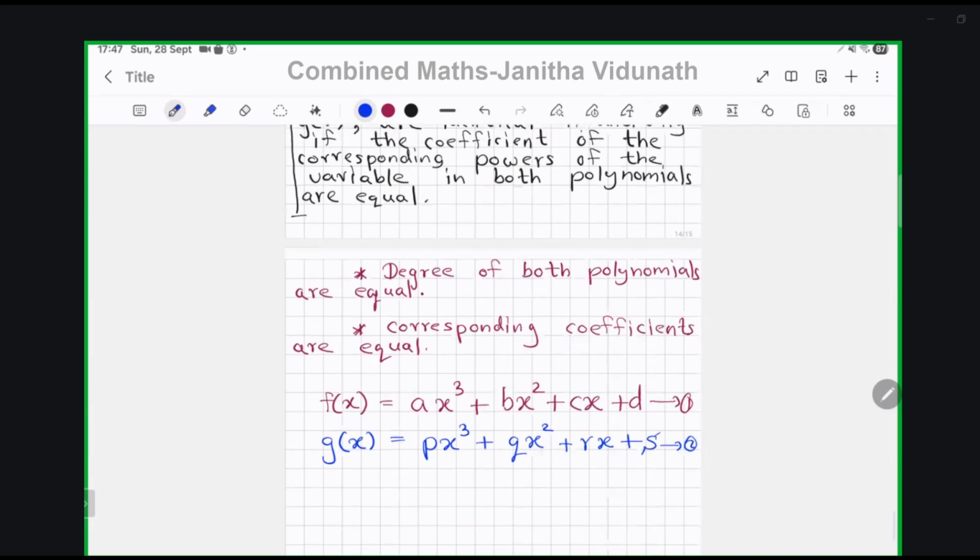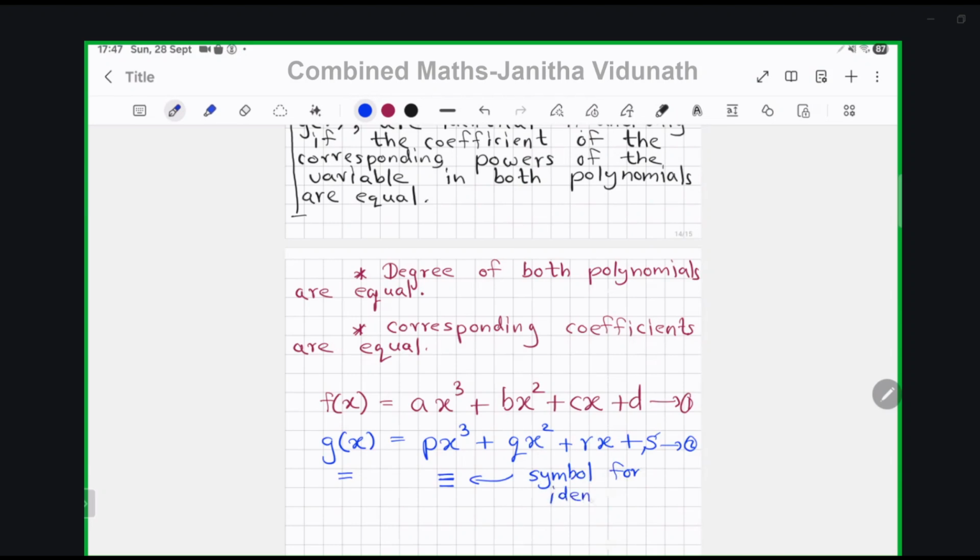Here, to define identical, if two polynomials are identical, we use the symbol of three lines. Similarly, for the equal sign we use two lines. Likewise, for the identical sign we use this symbol.